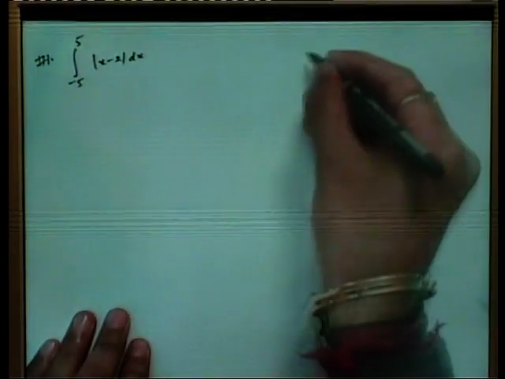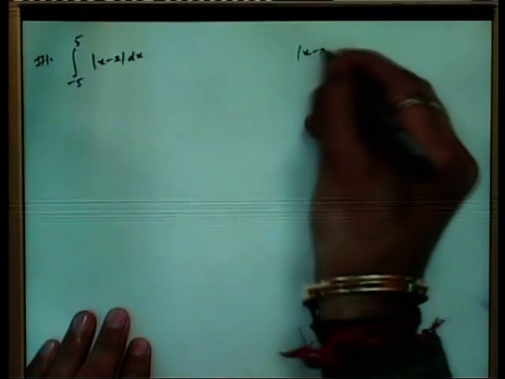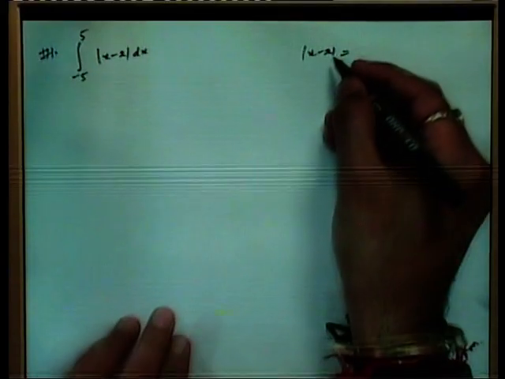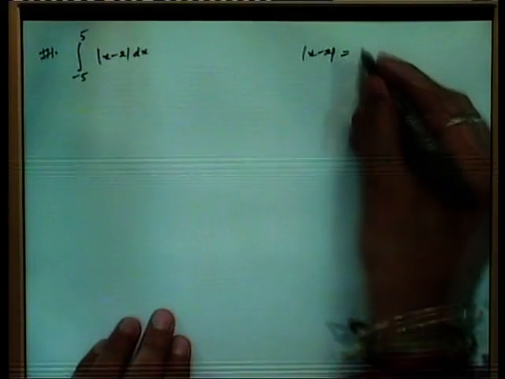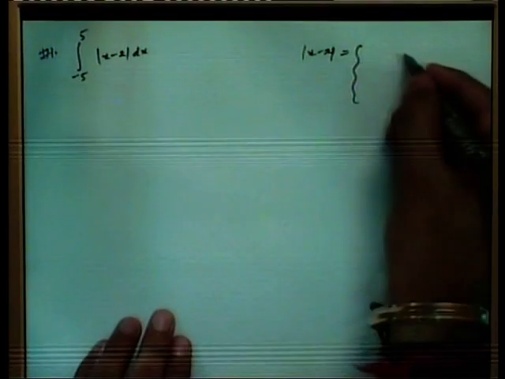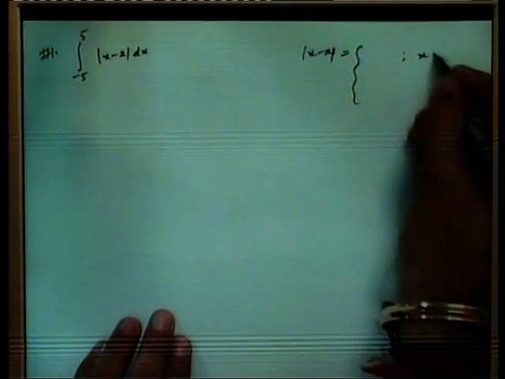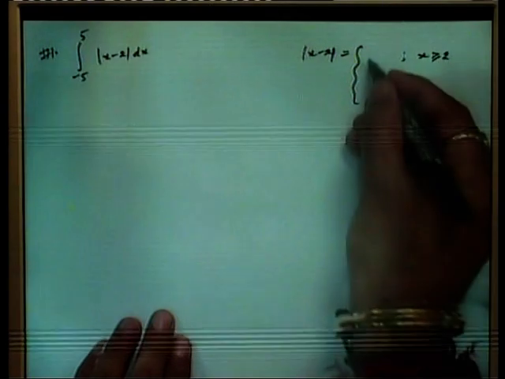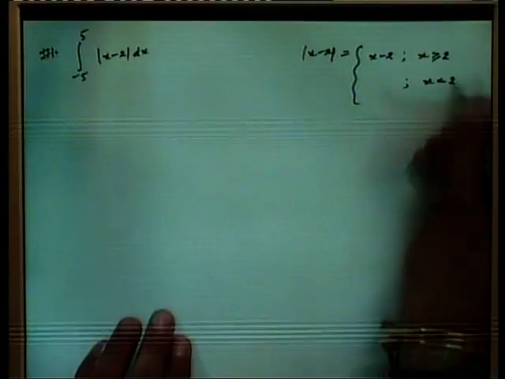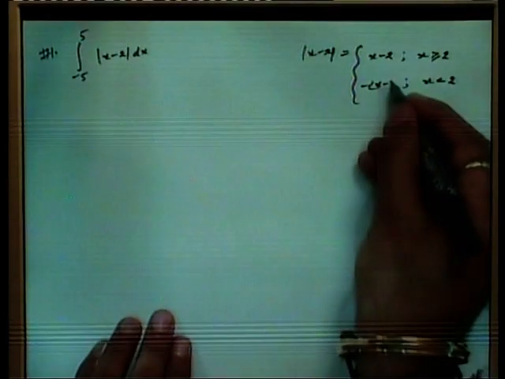We know that mod x minus 2 has 2 values. When x is greater than or equal to 2, its value is x minus 2. When x is less than 2, its value is minus (x minus 2).